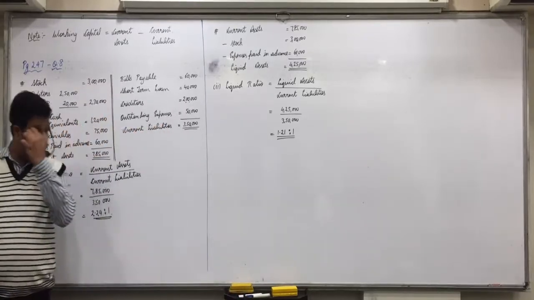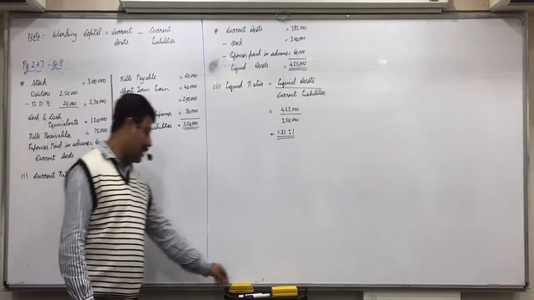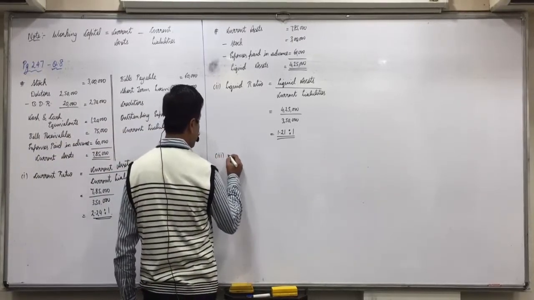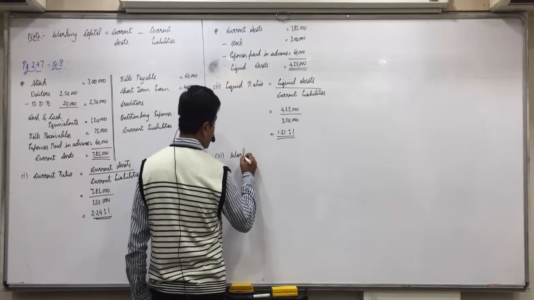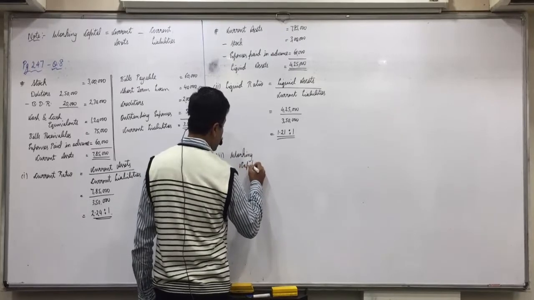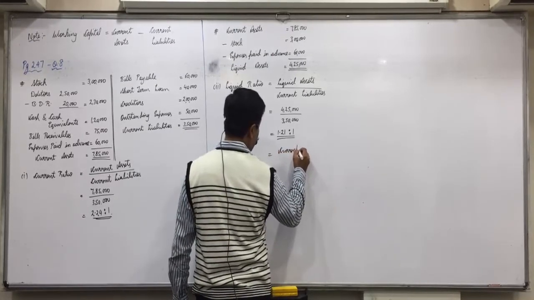So remember, in these two ratios, when you take debtors, you always take them after deducting bad debt reserve, and if discount reserve is given, that also would be subtracted. Okay. What else is asked? Working capital. So working capital is equal to current assets minus current liabilities.